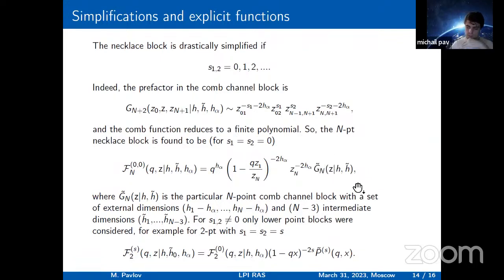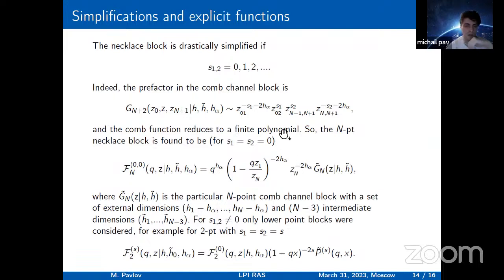So there is a sort of factorization here as it was in the Kraus work. But yeah, so here this block G with tilde is like a conformal block with the following set of external and this set of intermediate dimensions. And this is an explicit result.